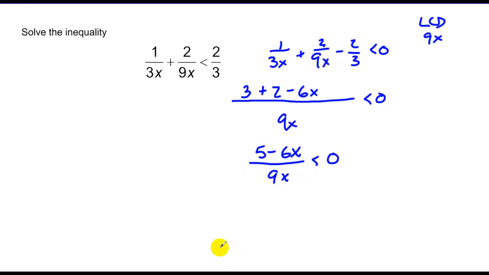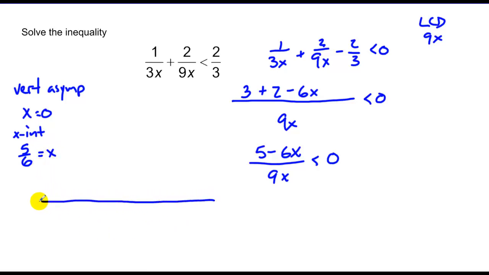is less than 0. So again, I'll look at my vertical asymptote numbers, which will create a critical number. That's x equals 0. And then an x-intercept type number, that's going to be 5/6 is equal to x, and then I'll test these points.